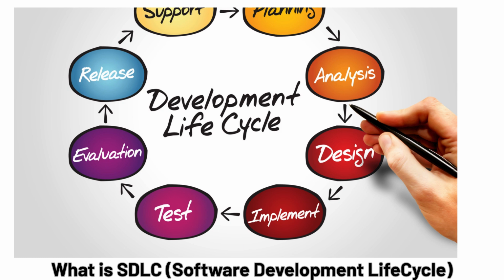So let's anchor on a simple definition for the second time. SDLC is a process and not a single meeting or document. Think of it as a reliable playbook that takes an idea from a problem to a working solution and then keeps improving it after you launch.